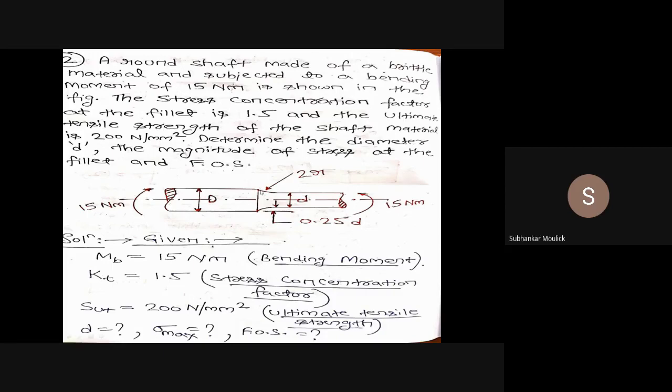At this fillet, the stress concentration factor given is 1.5, and since the shaft is made up of brittle material, which fails at the ultimate strength point, the ultimate tensile strength SUT is given as 200 Newton per millimeter square. Determine the diameter small d, the magnitude of stress at the fillet, and the factor of safety.